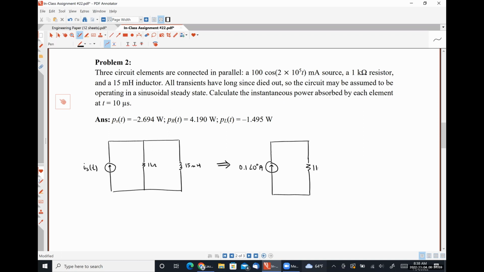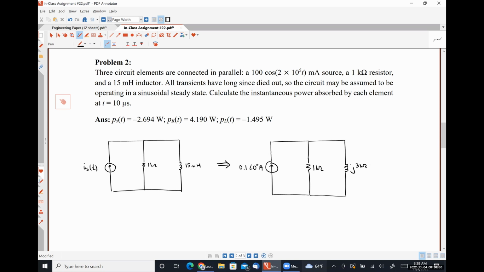Our 1 kilo ohm resistor is going to continue to look like a 1 kilo ohm resistor. Our 15 millihenry inductor will look like a j3 kilo ohm resistor if my mental math is correct. 2 times 10 to the 5 times 15 times 10 to the minus 3, I believe, comes out to be 3 times 10 to the 3.